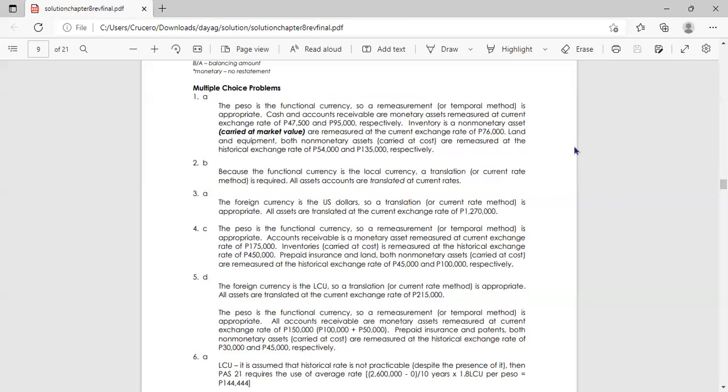What total should be included in SS balance sheet at December 31, 20x4 for the above items? So the functional currency is the local currency unit, and the second column is the peso. So we now have the answer to number 5.